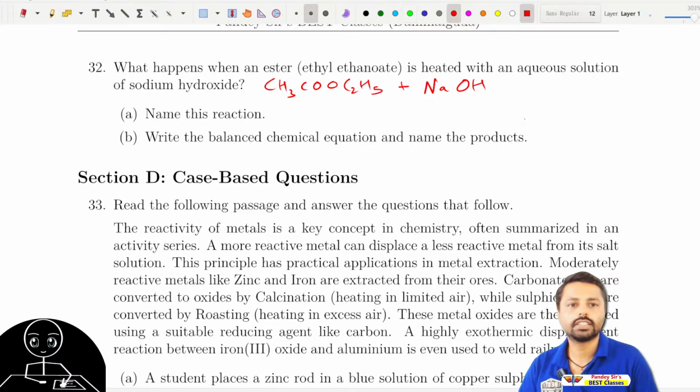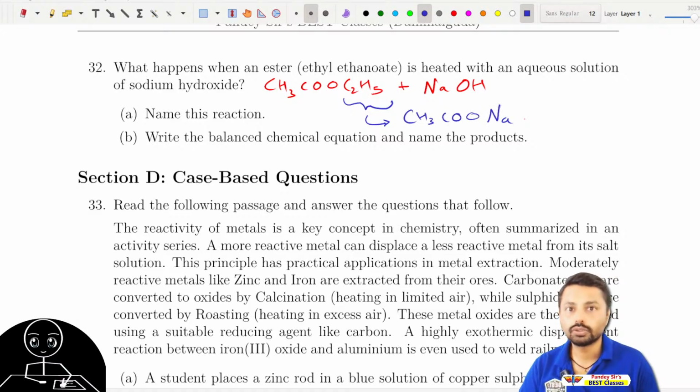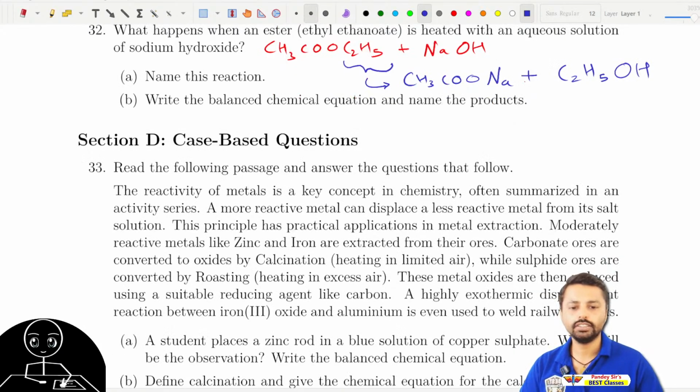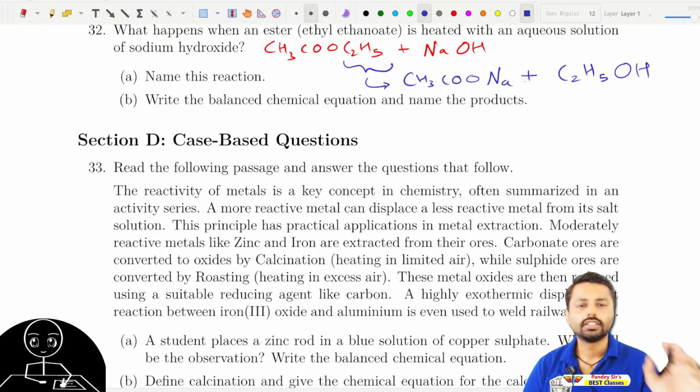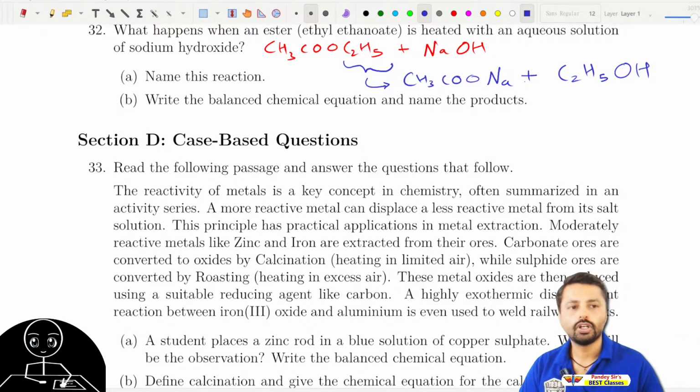You get CH3COONa, that's soap, plus C2H5OH. The reaction is called saponification. The products are sodium ethanoate, that is soap, and ethyl alcohol or ethanol.